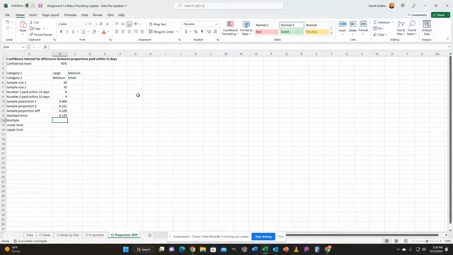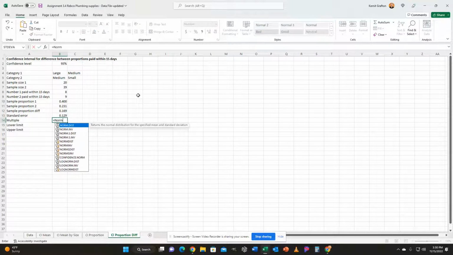And the multiplier here, this is the formula that's similar to the one we just did on the CI proportion. So we're going to be using the NORM.S.INV. Again, we're using the absolute references because as we copy them, they would change if we didn't.